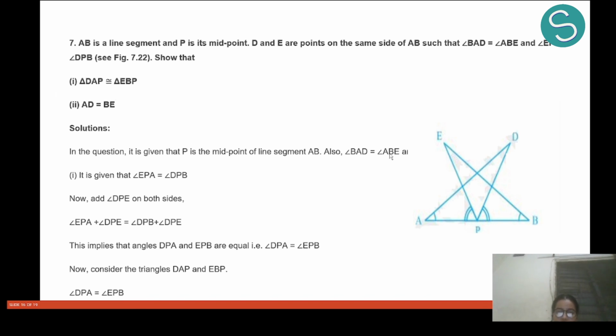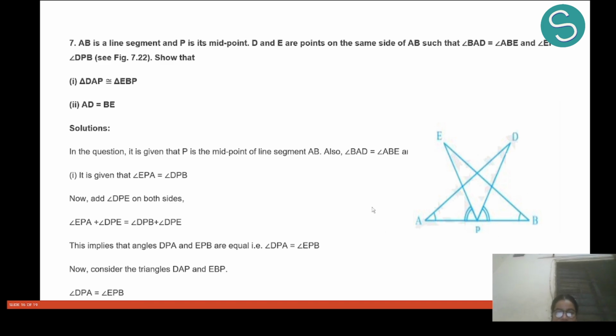So, in this question, P is a midpoint, so AP equals PB, and angle BAD equals angle ABE, so these are equal.